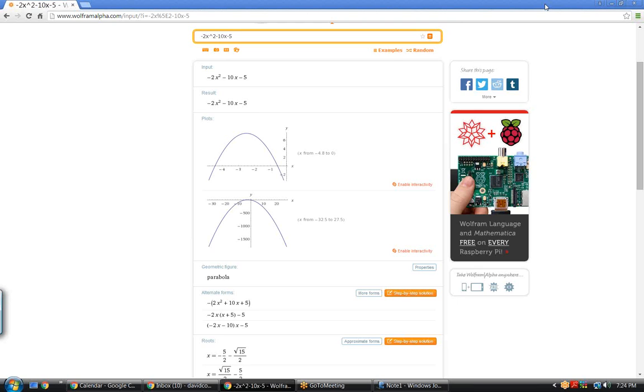Try analyze graph. I did, and then my only options are zero, minimum, maximum, intersection. Zero. That's what you want, the zeros. Oh, okay.